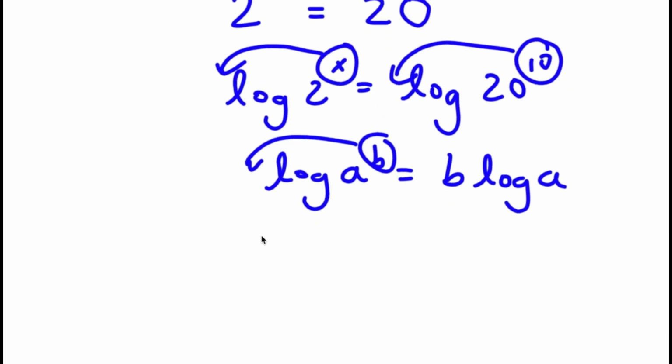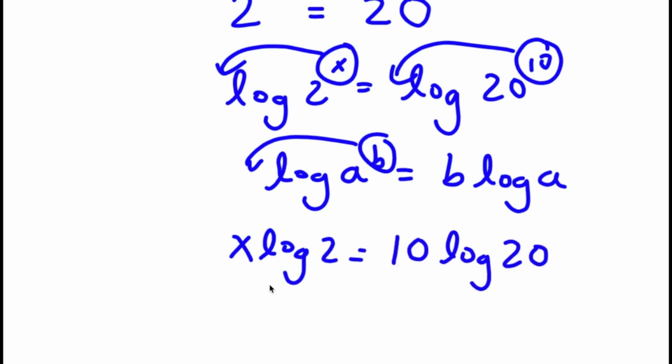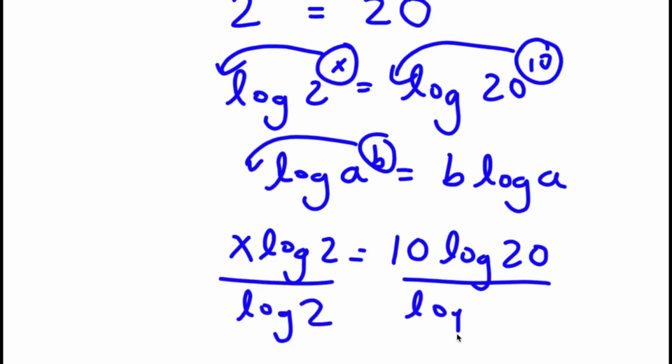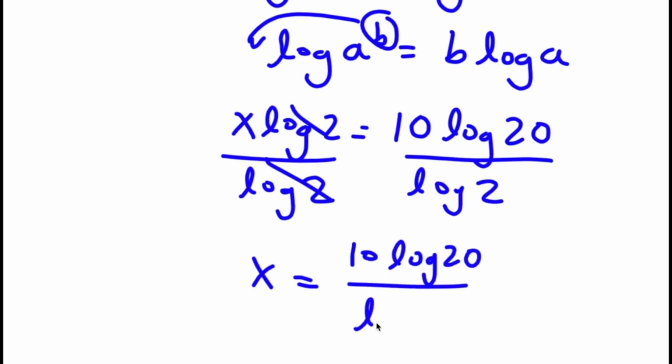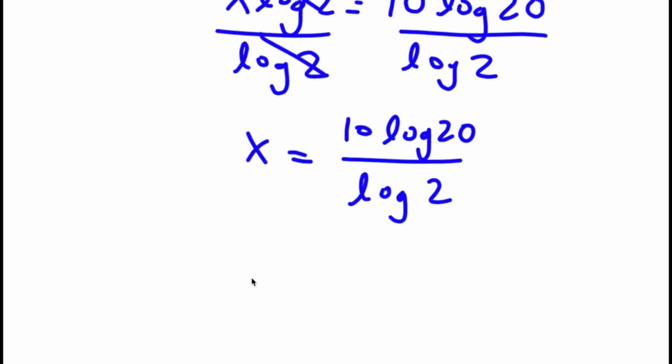So now I have x times log 2 is equal to 10 times log 20. Now, if I divide both sides by log 2, these two cancel out, and now I'm left with x is equal to 10 times log 20 over log 2. Now log 20, I'm going to rewrite that as log 10 times 2.